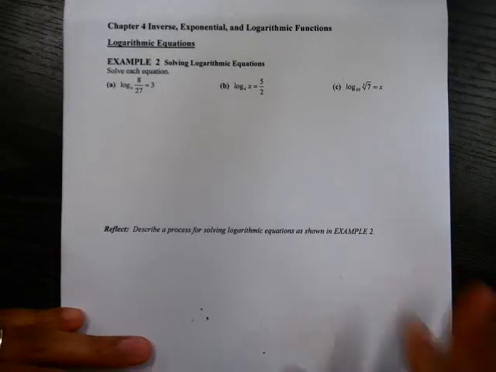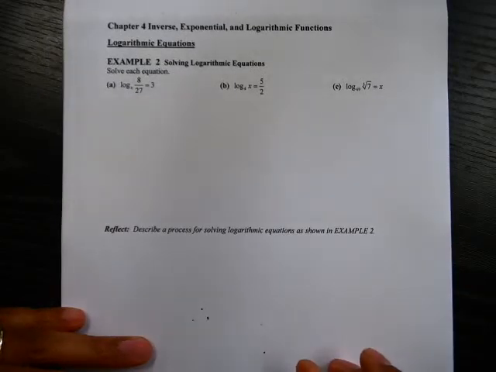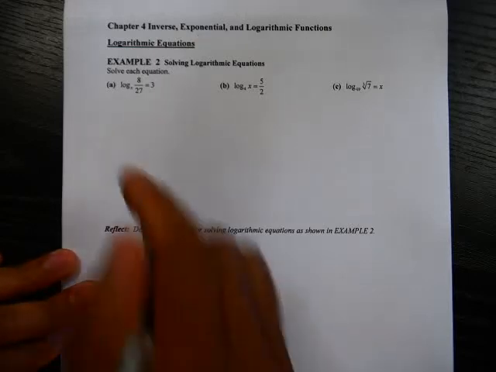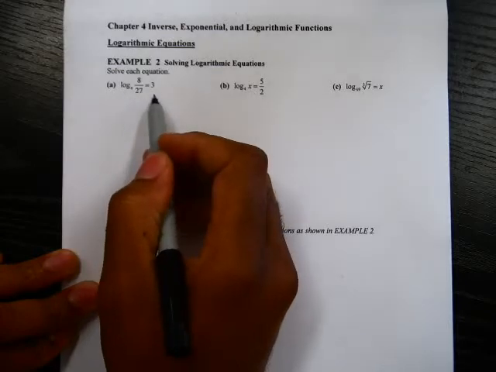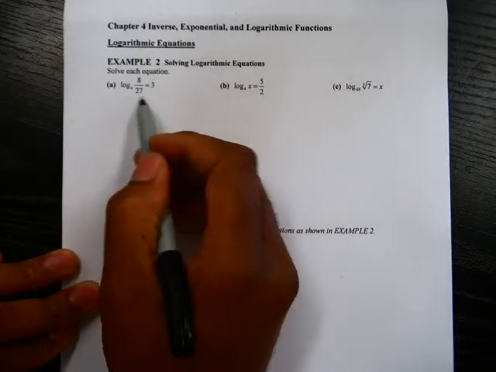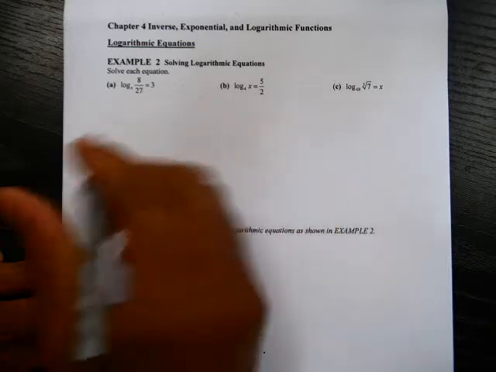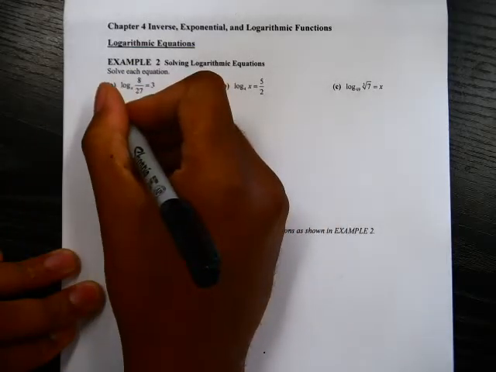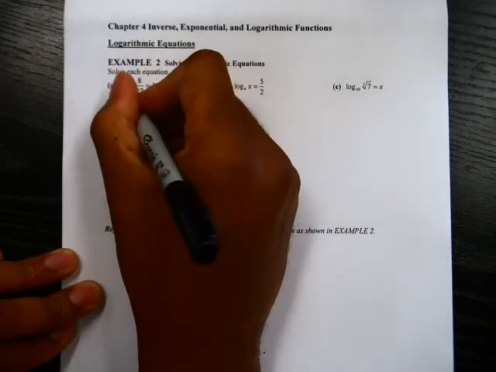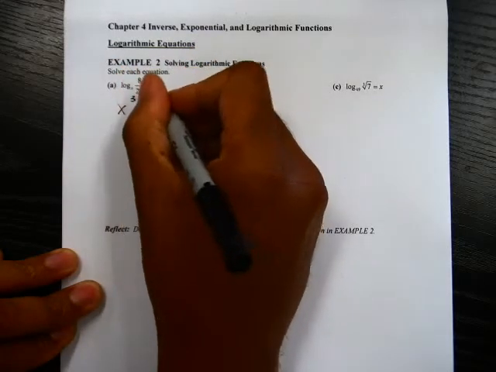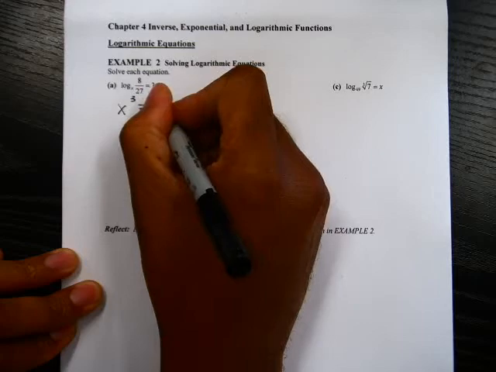One way that we can solve this logarithmic equation is by changing that logarithmic form to the exponential form. So if I have log base x of 8 over 27 equals 3, to change that back into an exponential, that would be x to the third power equals 8 over 27.